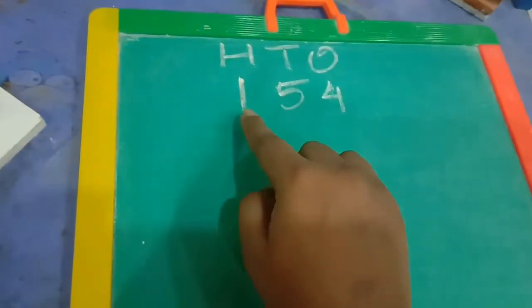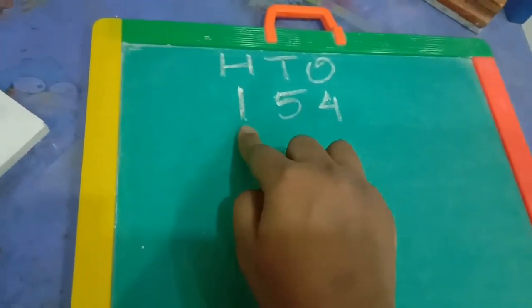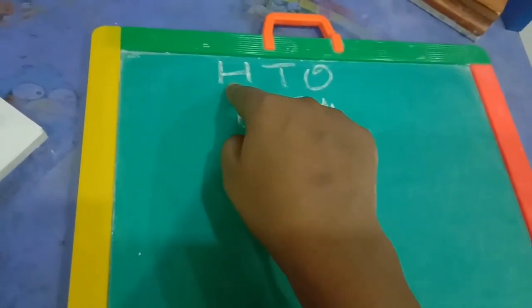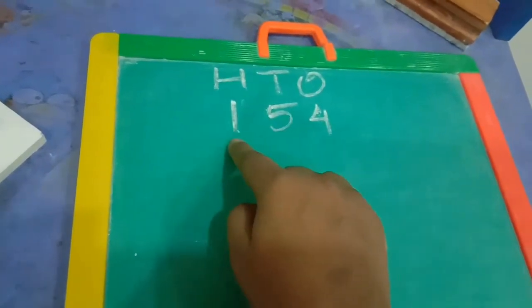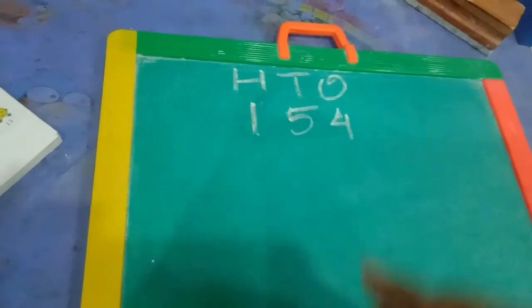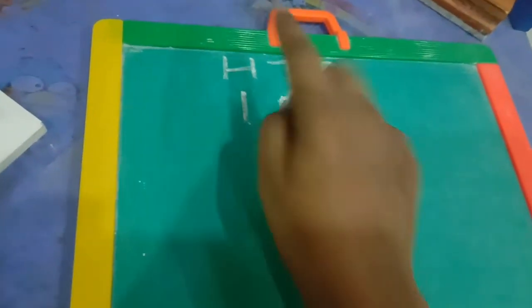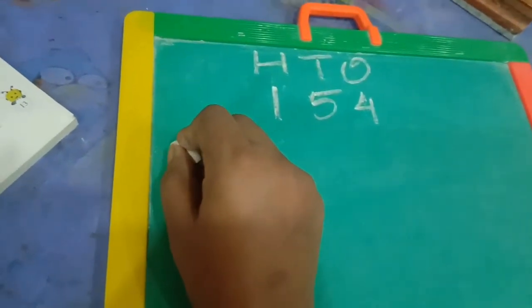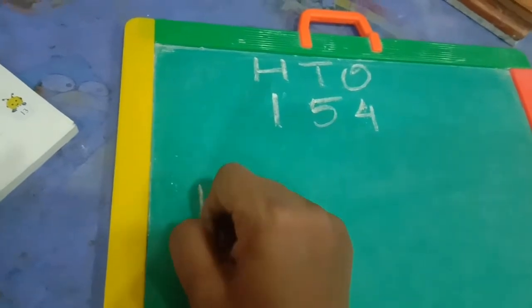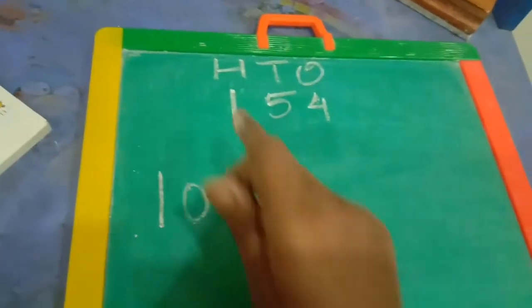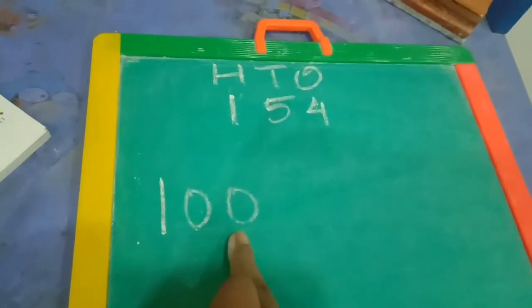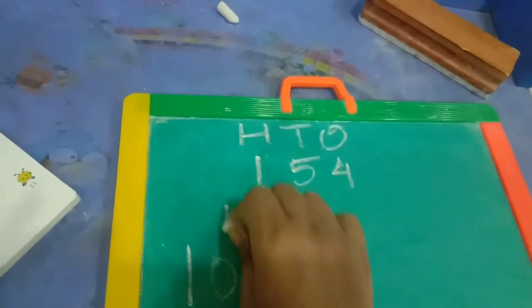So 1, we know 1 is in hundreds place. So instead of writing the spelling, we will write the place value in numbers, like 1 hundred. 1 was 100, so 100. This will be H.